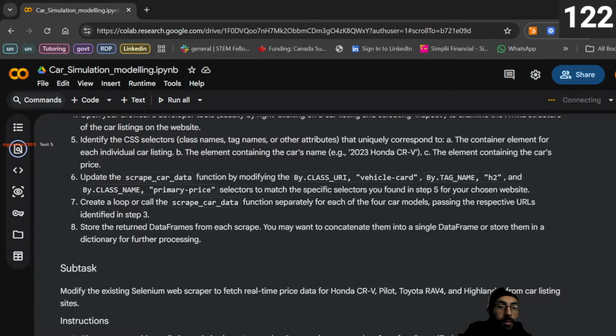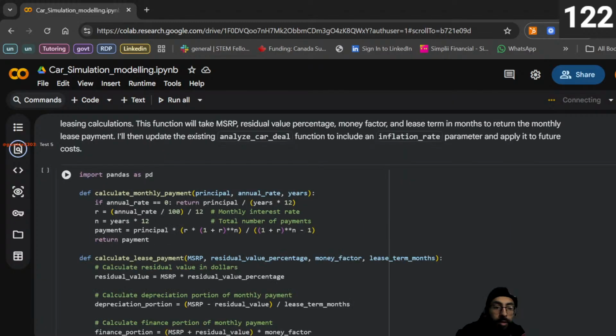Extend the current financial analysis functions to include leasing calculations, considering residual value, money factor, and lease terms. Okay, so using pandas, there's the monthly payment, divided by 12 months, annual rates, and so on.